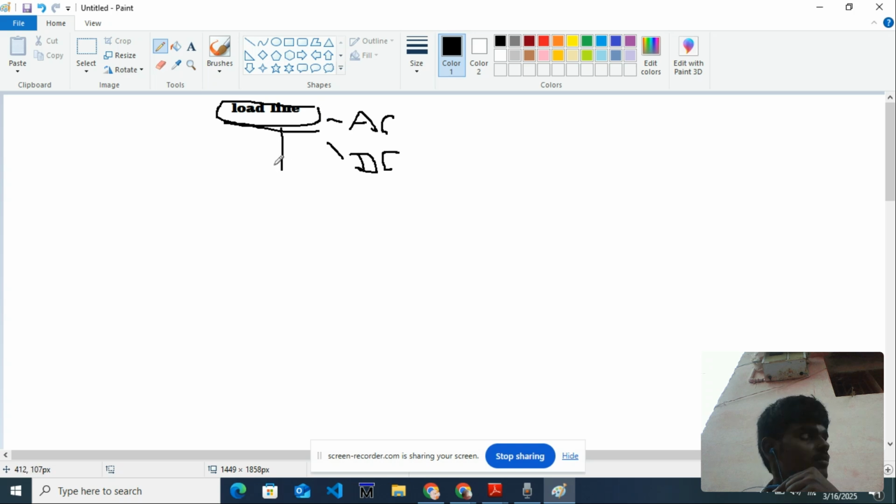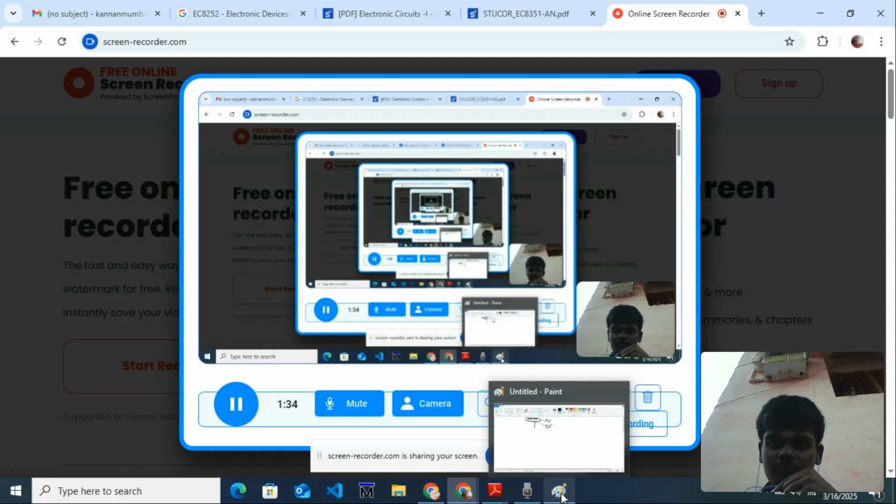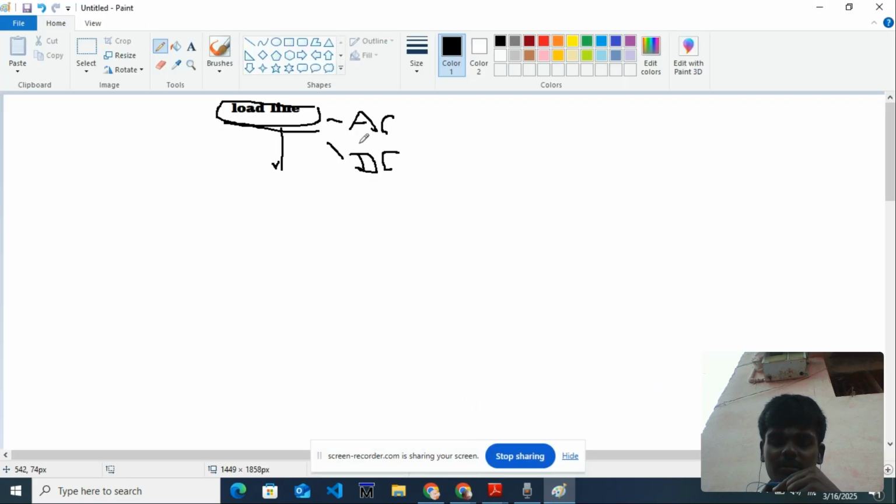Load line means that you measure something. For example, in a straight path, electric flow occurs in this direction. This is the electric field, and the same here, the magnetic field.